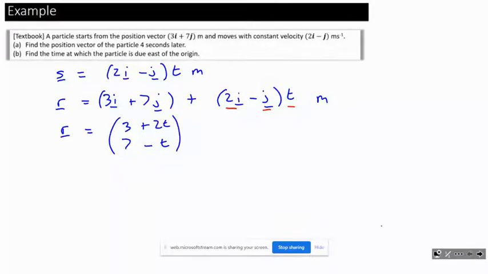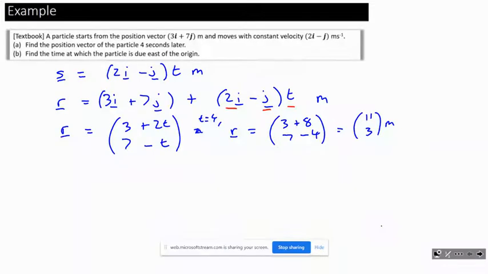And after 4 seconds specifically, so when t equals 4, we're going to have our position being 3 plus 8 and 7 minus 4, which is 11, 3 meters.